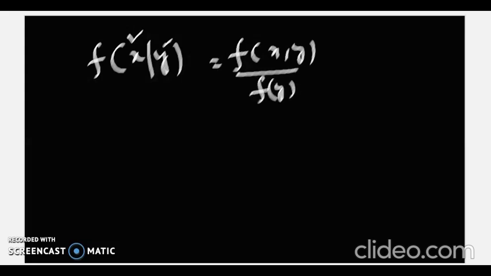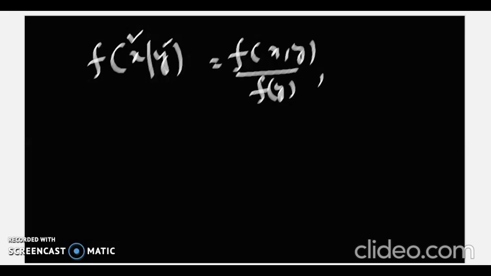Already we know about conditional events from our Bayes theorem. So f of x by y means we are going to find the conditional probability density function of x given y, which is equal to f of x comma y by f of y.